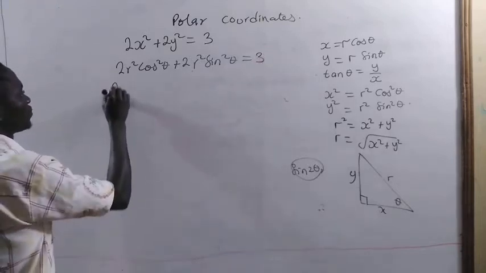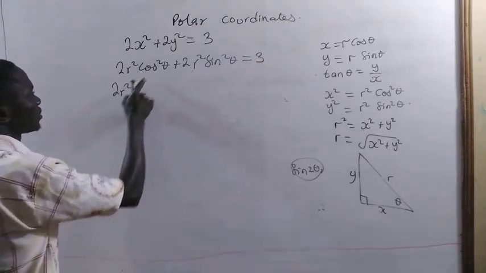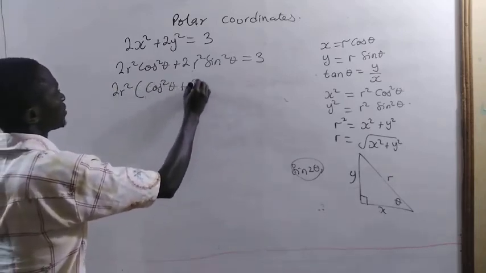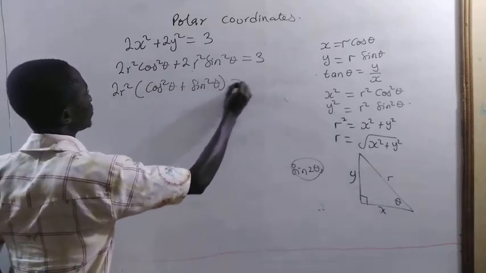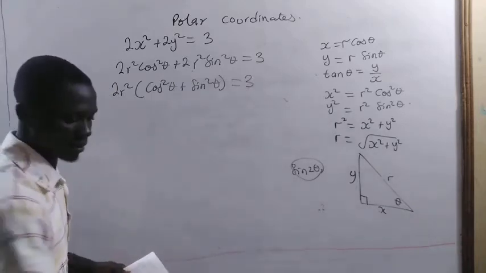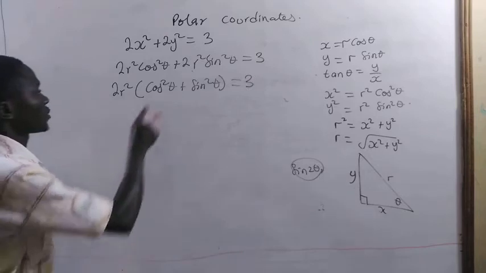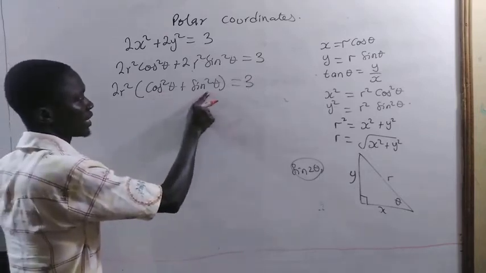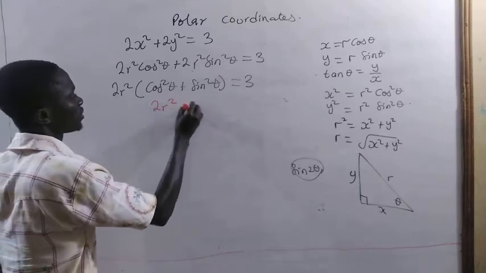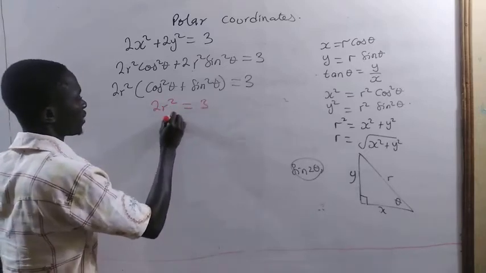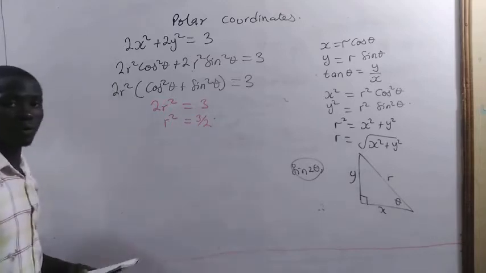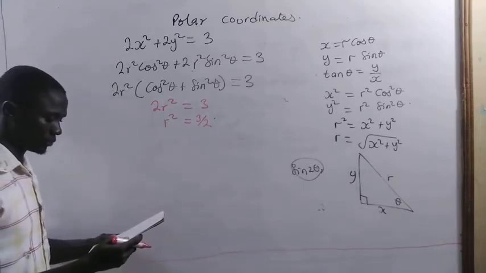And here we have 2r squared out. We are going to have cosine square theta plus sine square theta equal to 3. And here we have that cosine squared plus sine squared theta will give us 1. So we are having 2r squared equal to 3. We have r squared equal to 3 divided by 2 as our polar equation.